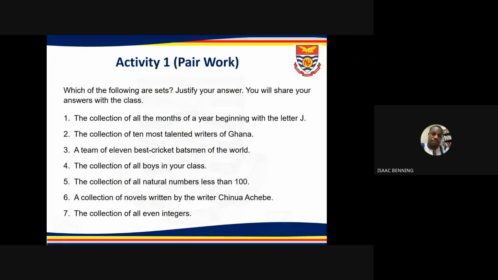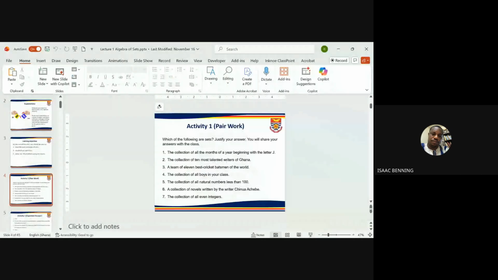So the number one, collection of all the months of a year beginning with the letter J. Is it a set or not a set? Yeah, it's a set. And your reason. The reason is that we said a set is a well-defined collection of objects of the same kind.